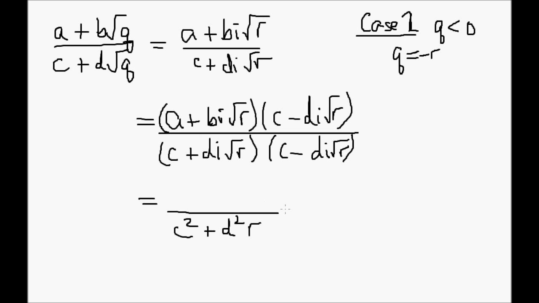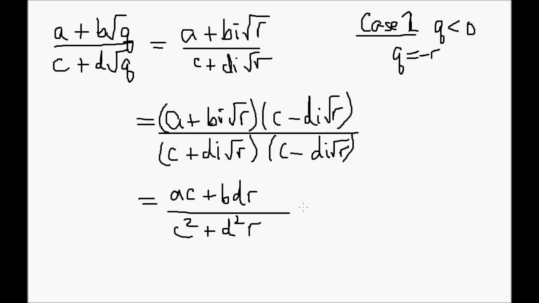Okay, on top we have ac. Then I have i times negative i gives positive, so plus b times d times r.